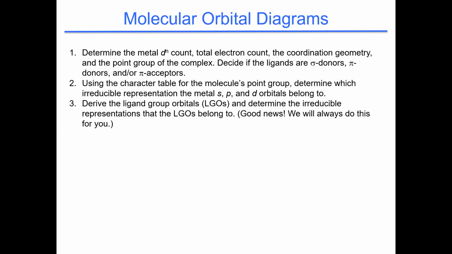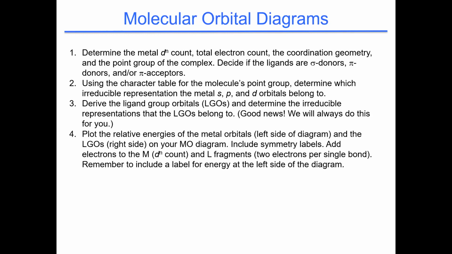Next, you derive the ligand group orbitals and determine the irreducible representations that the LGOs belong to. Fourth, you plot the relative energies of the metal d orbitals on the left side of your diagram, and then the ligand group orbitals on the right side of the diagram, and then label these with appropriate symmetry labels.